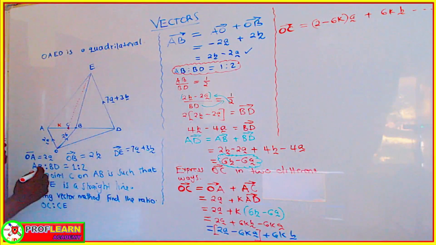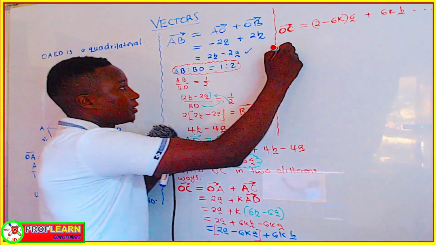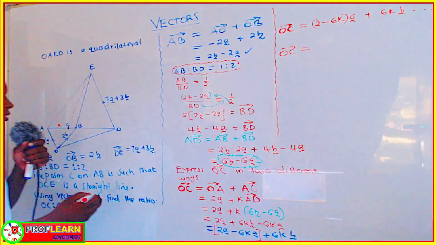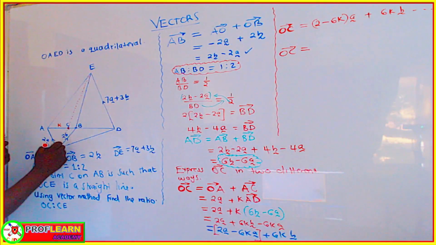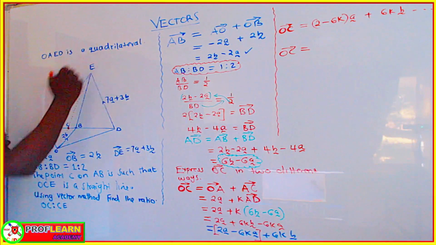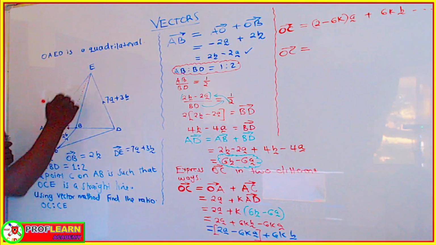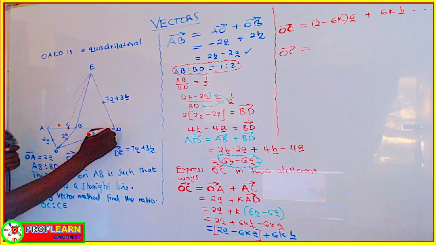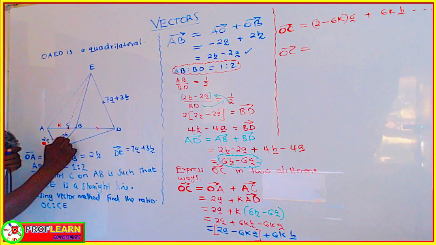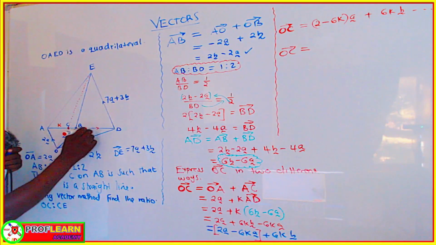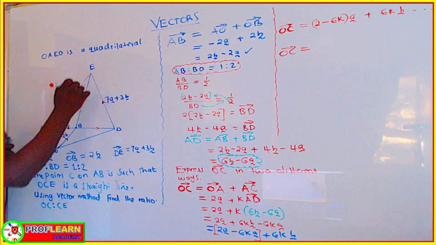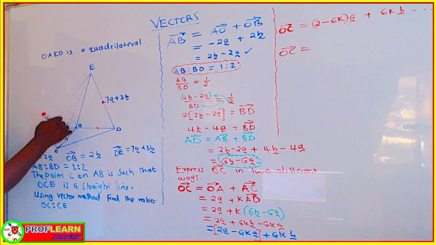Another way we can express OC, the second way, is using OE. We can move from O to E by which route? We can move O to B, then B to D, then we move D to E. That will give us OE.